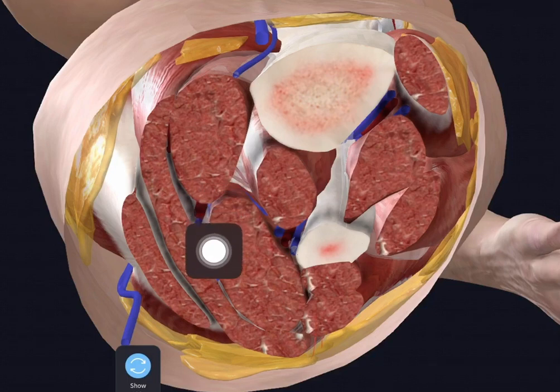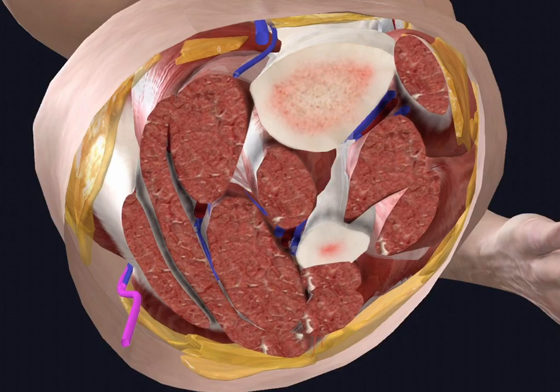And here you see the posterior tibial artery and vein. Then posteriorly you will have the small saphenous vein. This one is the great saphenous vein that will lie medial to the tibia.